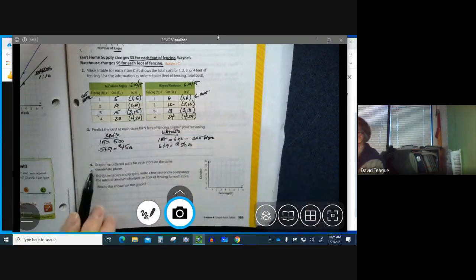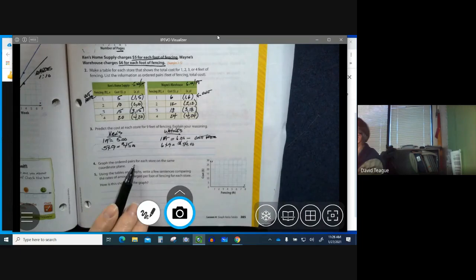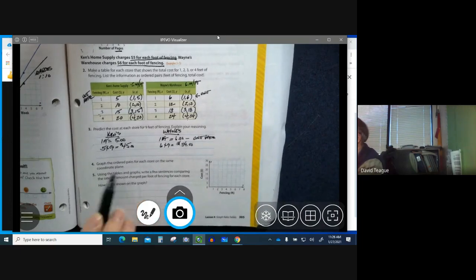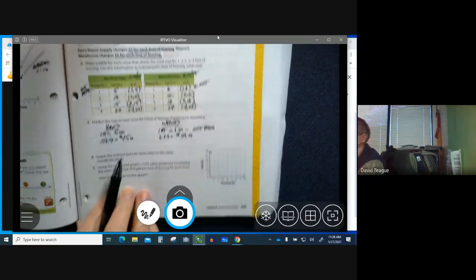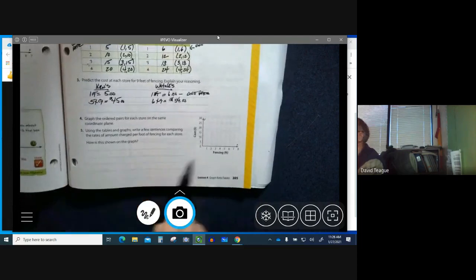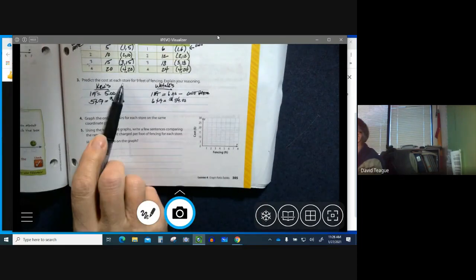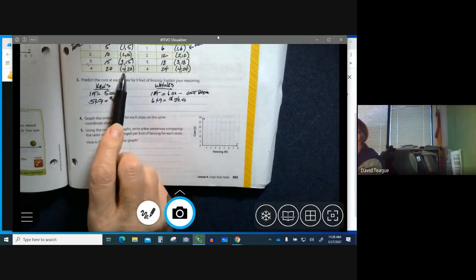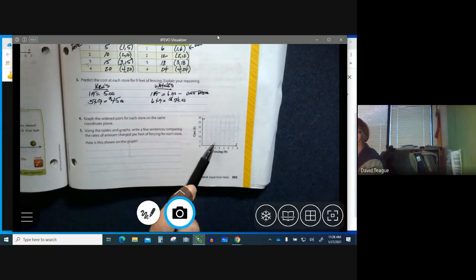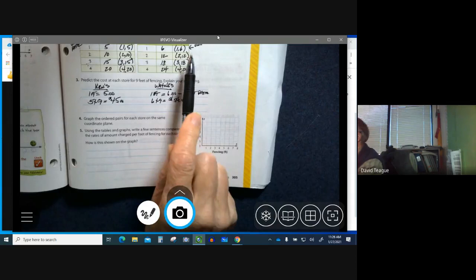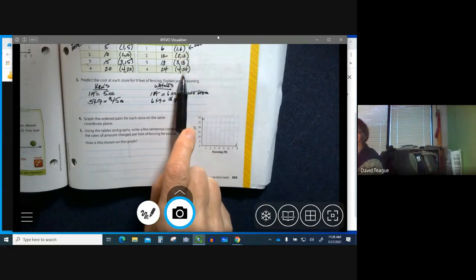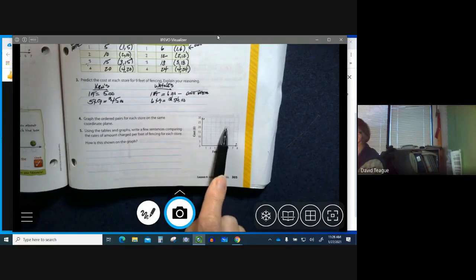So now number 4, it says graph the ordered pairs for each store on the same coordinate plane. Okay, so I have a coordinate plane right here, and I want you to go ahead and graph these 4 ordered pairs on this coordinate plane, and then I want you to graph these 4 points on this coordinate plane.